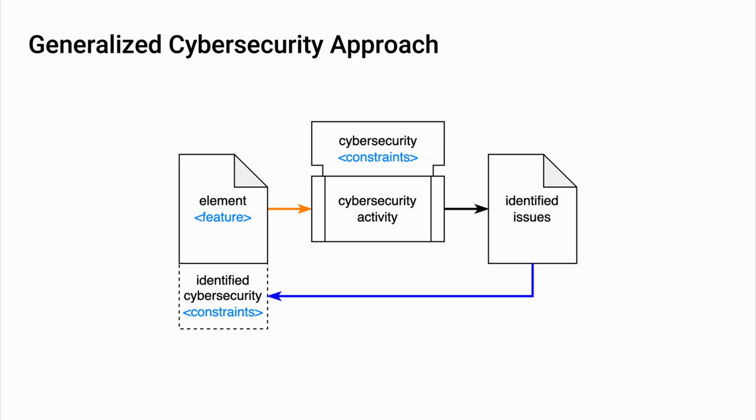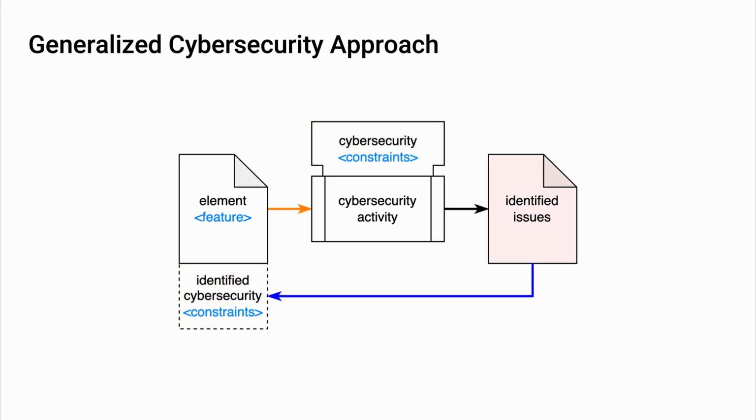Now let's take a moment to review the generalized cybersecurity approach and how we'll apply it. Here's the general cybersecurity activity workflow. We start with an element feature, which in the case of threat modeling is embodied by the element's threat model. Both the element and activity are constrained by cybersecurity requirements.